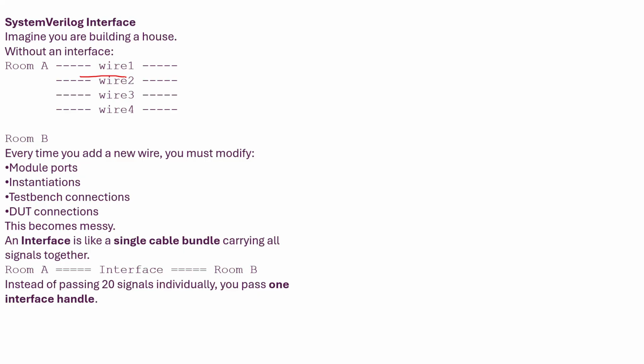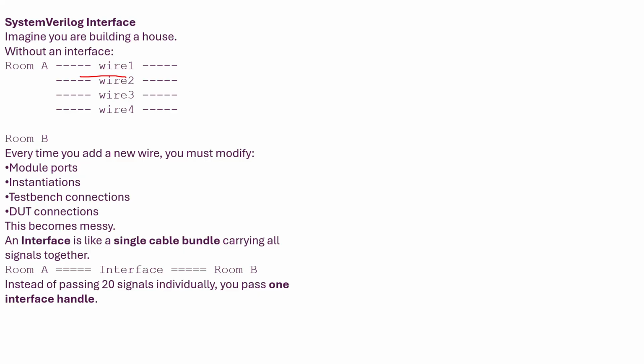So for that purpose we are using the interface. How are we connecting that? Without an interface, we connect individually. With the interface, all the signals are connected in the interface only. Every time you need to use different wires.